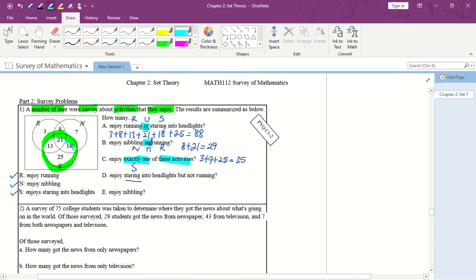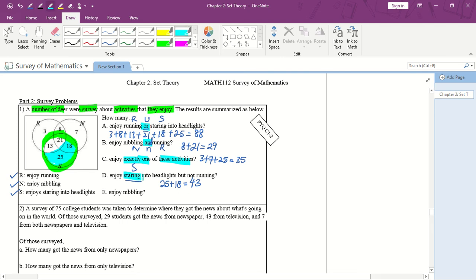So it is this region, which doesn't touch running. So it is 25 plus 18, which is equal to 43.